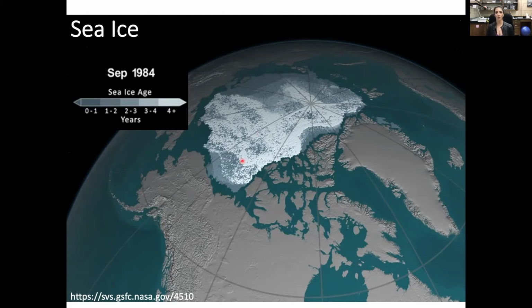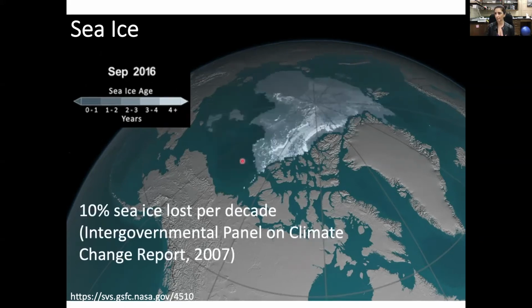So fast forward to just a few years ago, 2016, what does this landscape of sea ice look like? It looks like this. So not only are we losing the mass of sea ice that we have, we're also losing the amount of permanent sea ice.